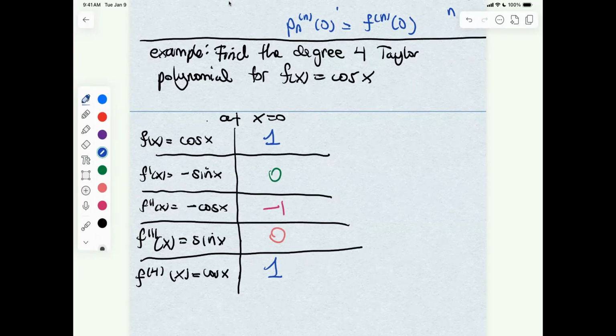My recommendation is to always find all the derivatives that you need, and then do the plugging in, evaluating them to the very end. That makes it a bit easier. According to the formula, I'll write it in general, and then plug in the corresponding numbers to identify what it's saying.